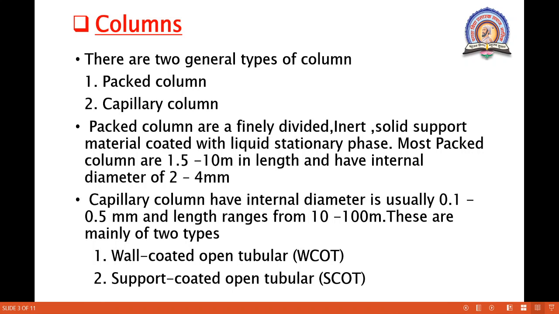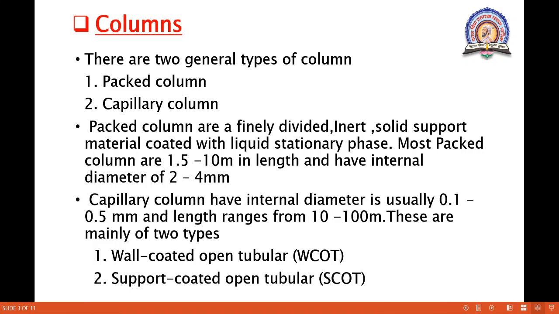There are 2 general types of column. The first one is packed column and the second one is capillary column. These packed columns are finely divided inert solid support material coated with the liquid stationary phase.